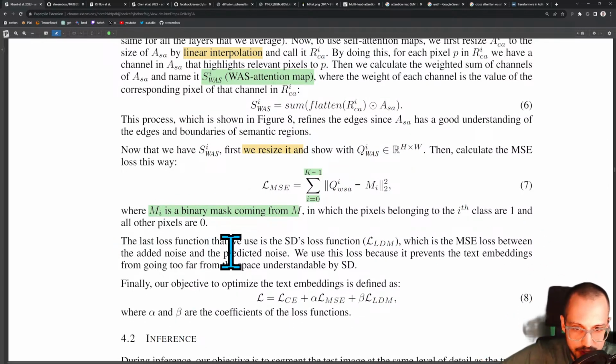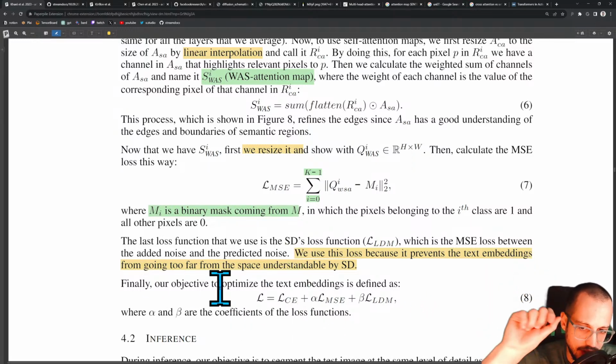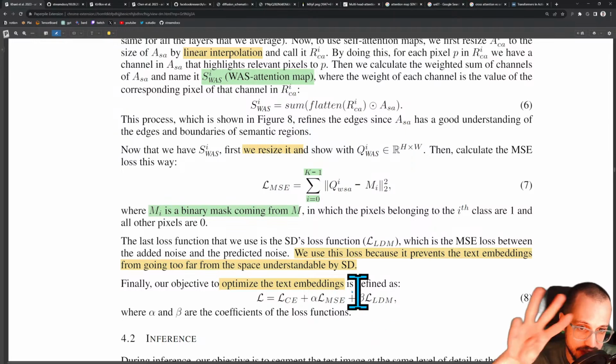Okay, the last loss function that we use is the Stable Diffusion loss function, L_LDM, which they described earlier, which is the MSE loss between the added noise and the predicted noise. We use this loss because it prevents the text embeddings from going too far from the space understandable by SD. Okay, so it's kind of like a regularization loss, and ultimately the loss that you're going to be using to optimize the text embeddings is a combination of these 3 different losses here.